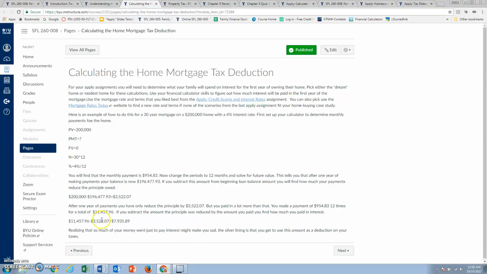You'll find that's quite a bit more. In this example, your principal was reduced by about $3,000, but you paid in $11,000. If you subtract those two numbers, it tells you the amount of money that you paid toward interest. You're going to keep this number and use it in calculating your taxes.